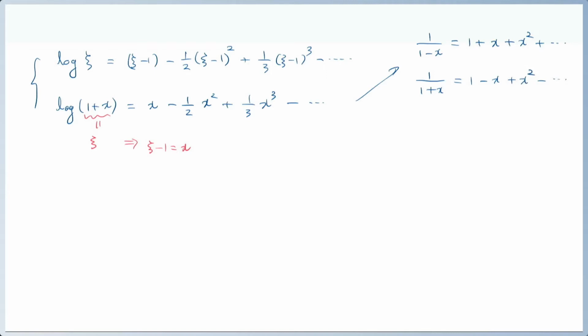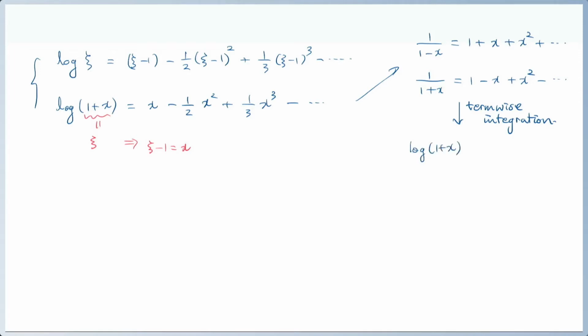If you do term by term integration, the antiderivative of the left-hand side is simply log of 1 plus x.